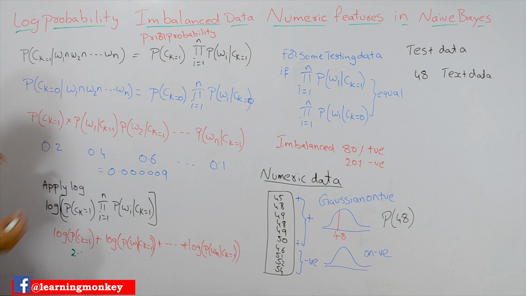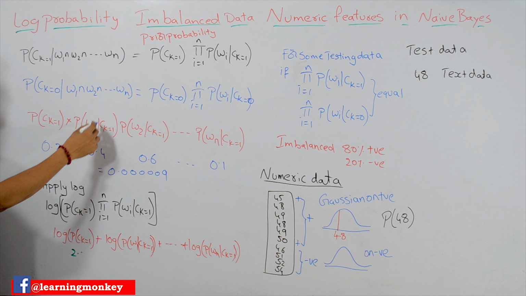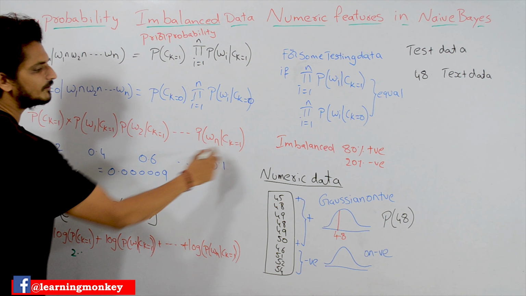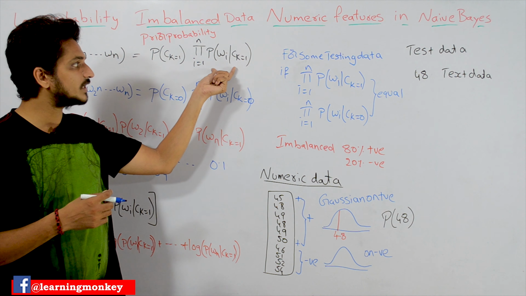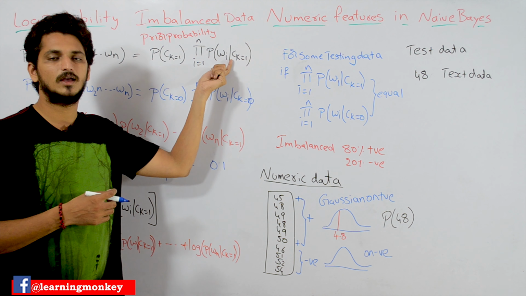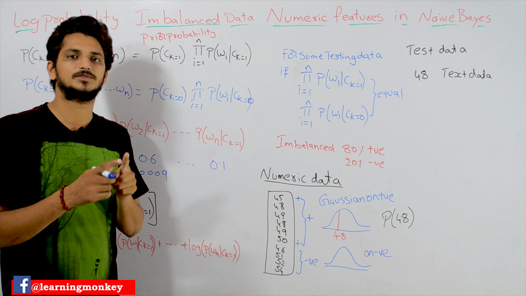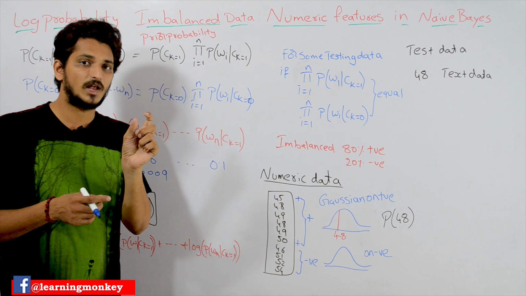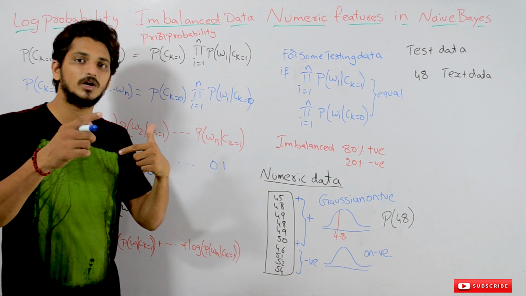So we have to multiply all the probabilities: probability of Ck equal to 1 times probability of W1 given Ck equal to 1, and so on. Suppose we have 1000 words in our feedback, so we have to multiply 1000 numbers. And the probability values are floating point values like 0.6, between 0 and 1.